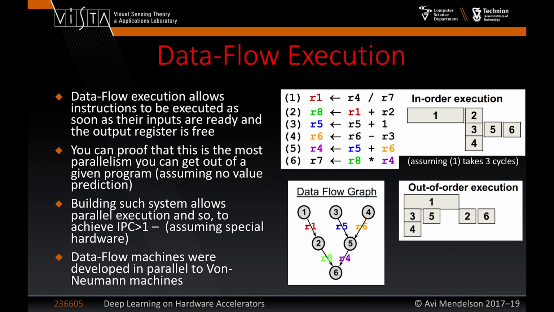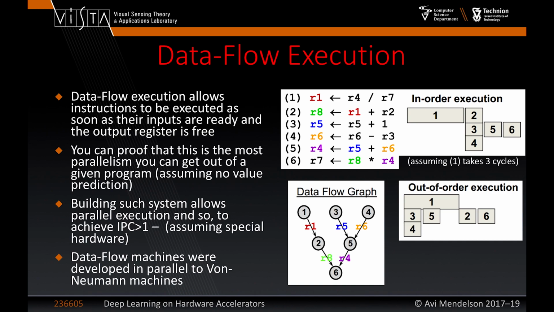So if we just take this sequence of instructions, in order we need to execute the first instruction, which we assume here takes 3 cycles, and we cannot do anything during that time, and only then can we execute the rest if we have enough resources. So here it assumes infinite resources.